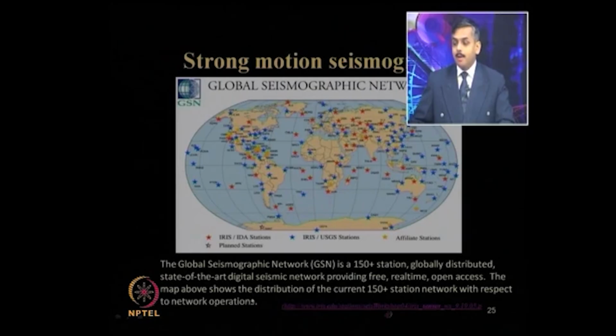So, the map above shows the distribution of the current more than 150 stations network with respect to the network operations. So, you can see these are IRIS or IDS stations, the red color dots, then this one shows plant station, this one shows IRIS or USGS stations, these blue color stars, and these yellow or orangish yellow color stars are showing affiliate stations.